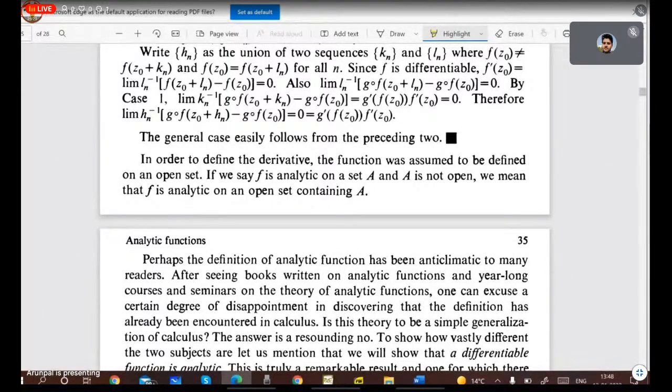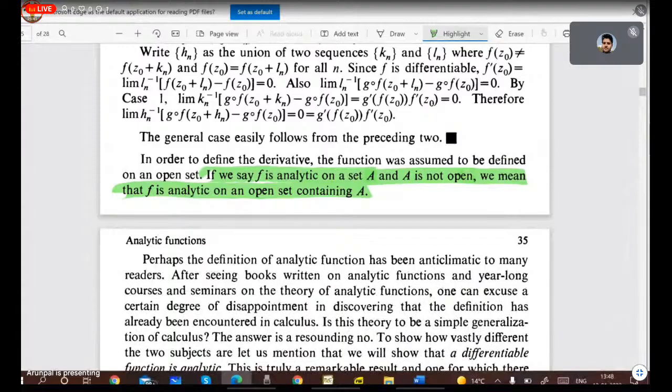If we say f is analytic on a set A and A is not open, it means either A is open, or if it is not open, we mean that f is analytic on an open set containing A. Right, class?